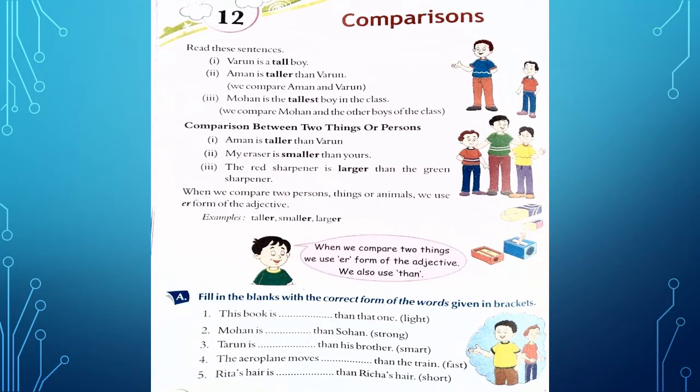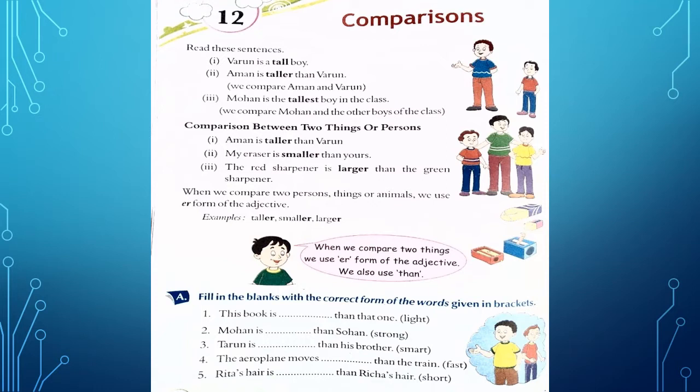We use the er form of the adjective when we compare two things. We use than also. First is, Aman is taller than Varun. My eraser is smaller than yours. And third is, the red sharpener is larger than the green sharpener.